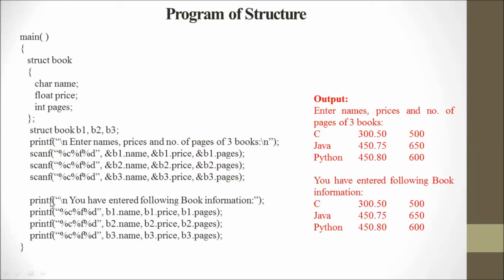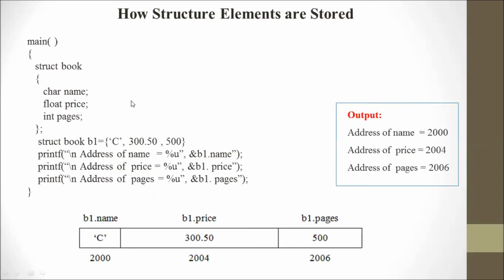And this printf will print the books' information which I entered, the same data or information which I entered or stored. So I think you understand this program of structure, how structure elements are stored.